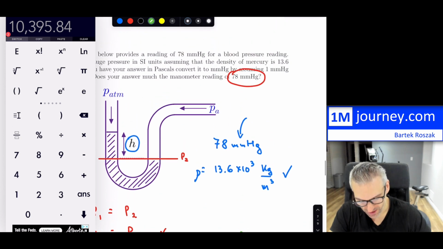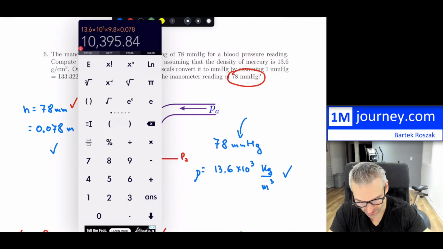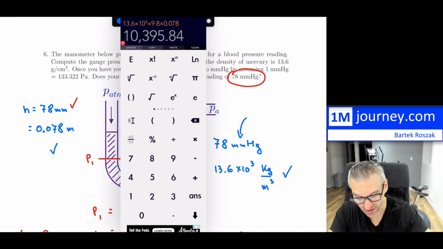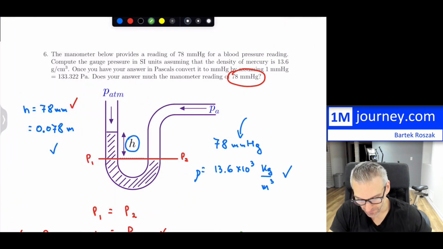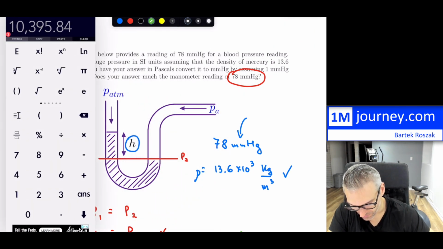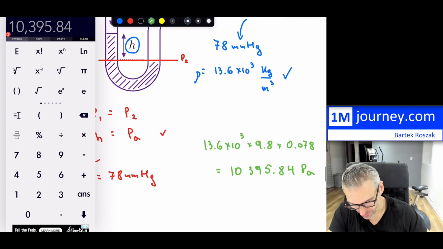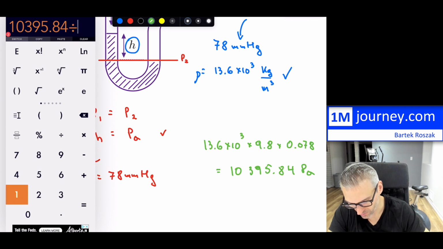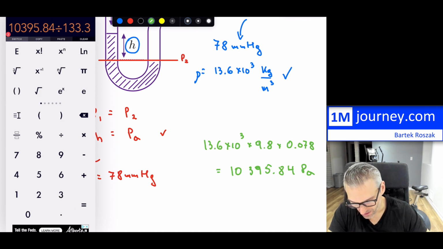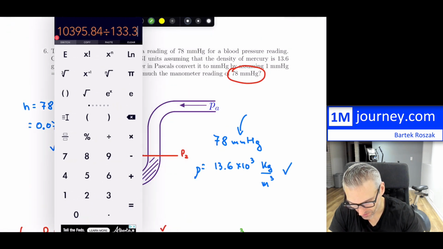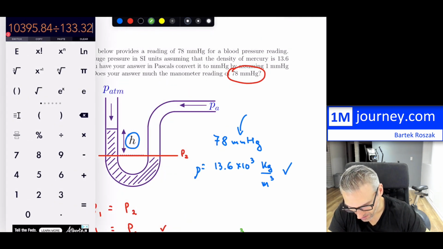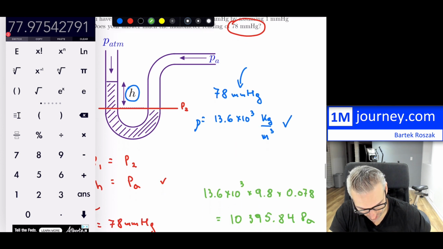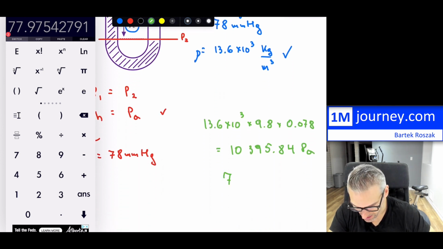Now if you want it, they give us the conversion: 1 millimeter of mercury is equal to 133.322 pascals. So if you do the unit conversion, canceling out the pascals, we take our answer and divide by 133.322. Notice what happens: 77.975, etc., and this is now in millimeters of mercury.